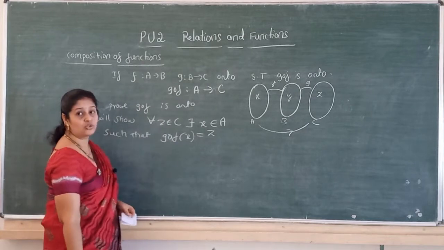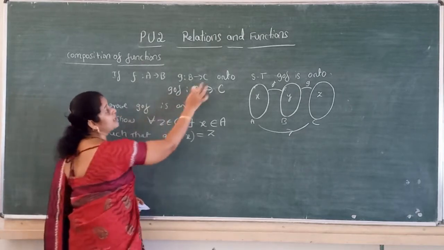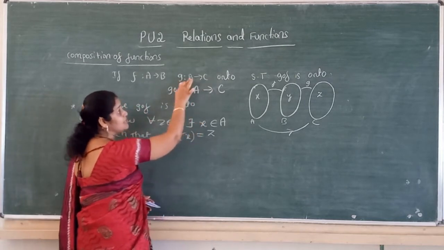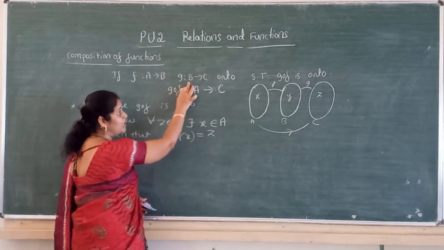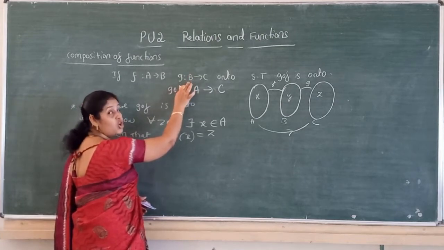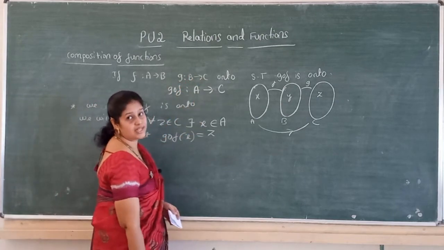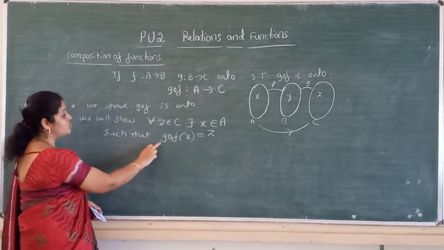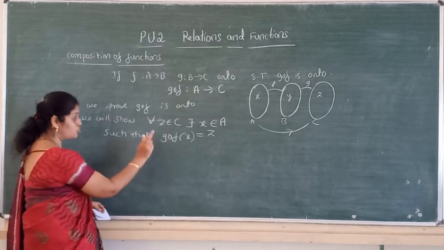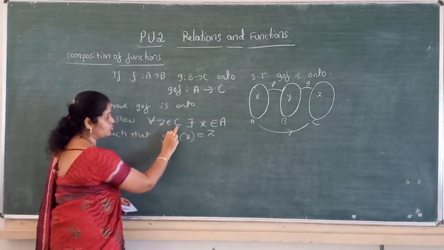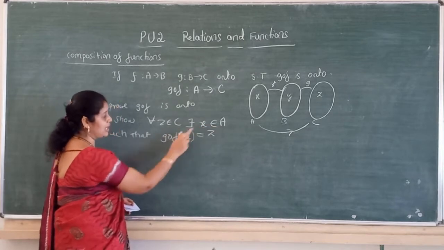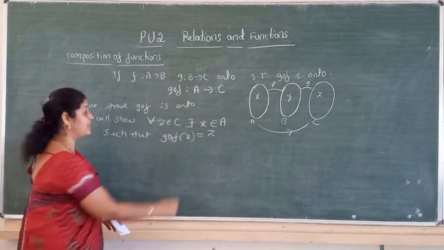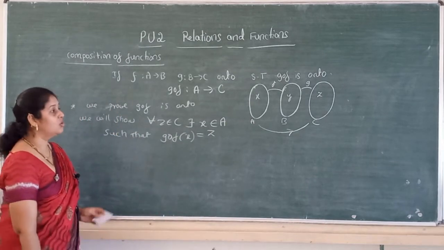G is onto means for every z belongs to C, there exists some y belongs to B such that g of y is equal to z. Then using those conditions, we have to prove g of f is onto. I have to show that for every z belongs to C, there exists some x in A such that the image of that x under the function g of f is z. Okay, now I am writing.